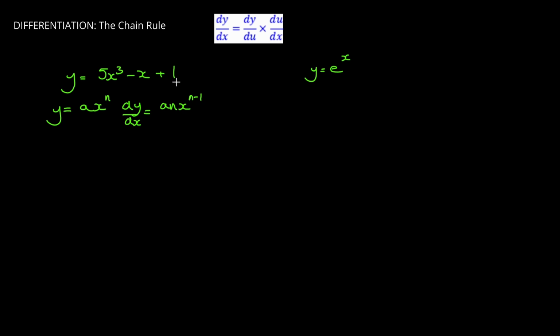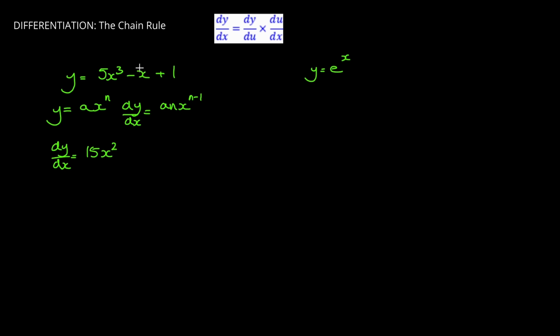And we do that for all terms. So the differential of the function in our example becomes dy dx is equal to, the 3 comes down and multiplies by the 5, so we get 15x, and we reduce the power of 3 to the power of 2, and that's the first term.